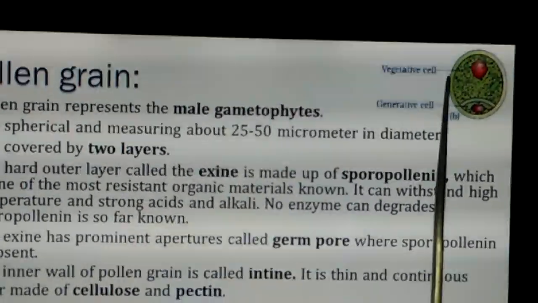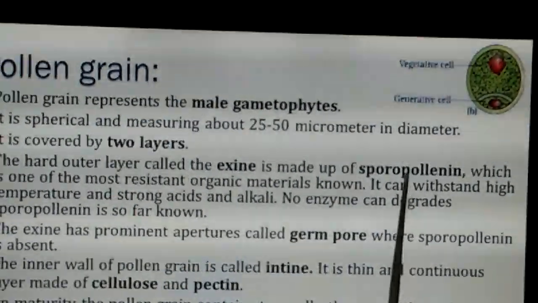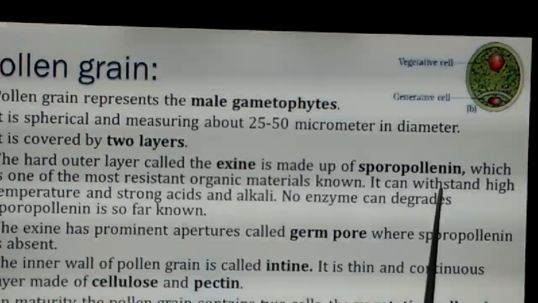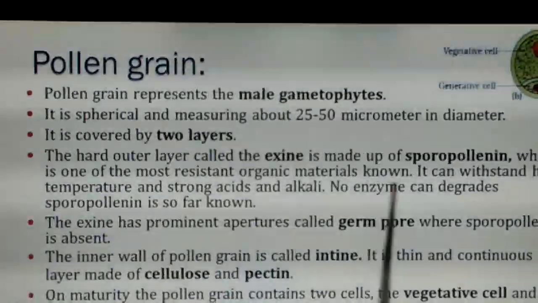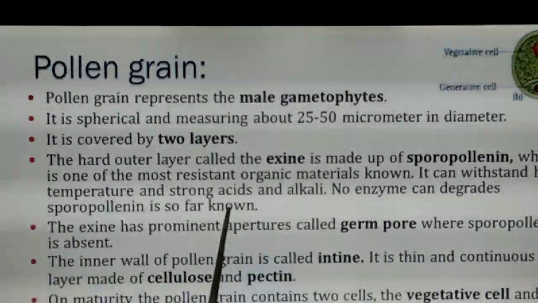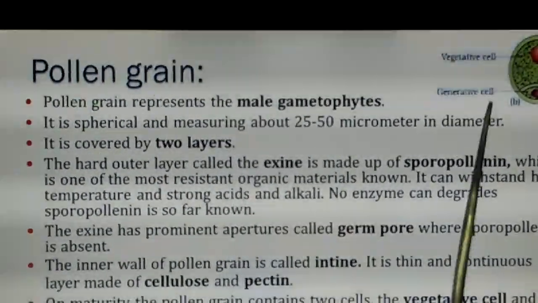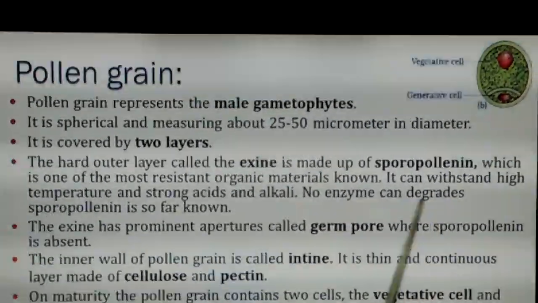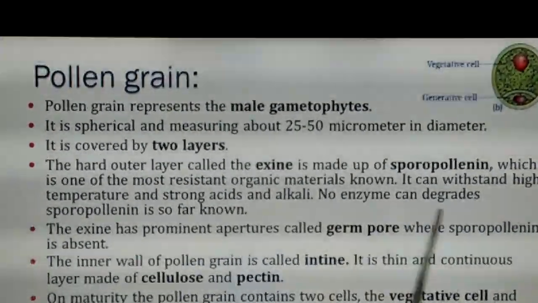The exine, the outer layer, is made up of sporopollenin. It is a tough layer. It is strong, it can withstand adverse conditions. Because of that, the pollen grain won't be degraded when it is taken from the flower, or when it is moving for pollination.